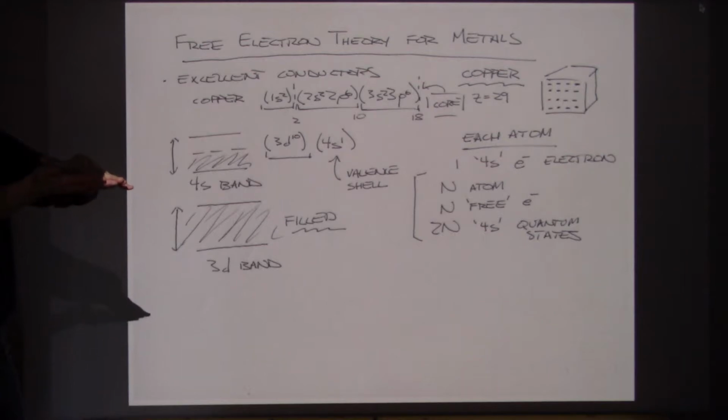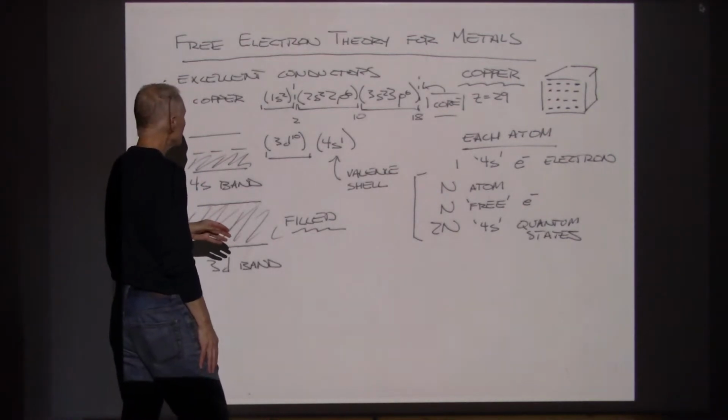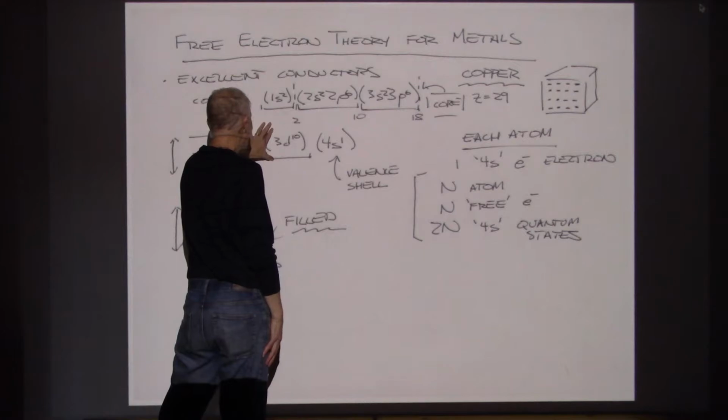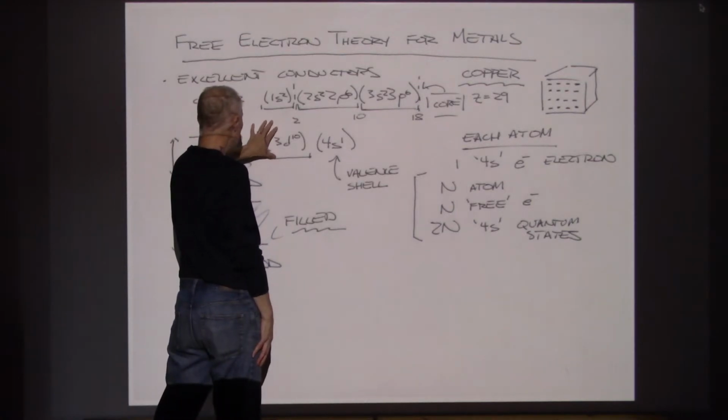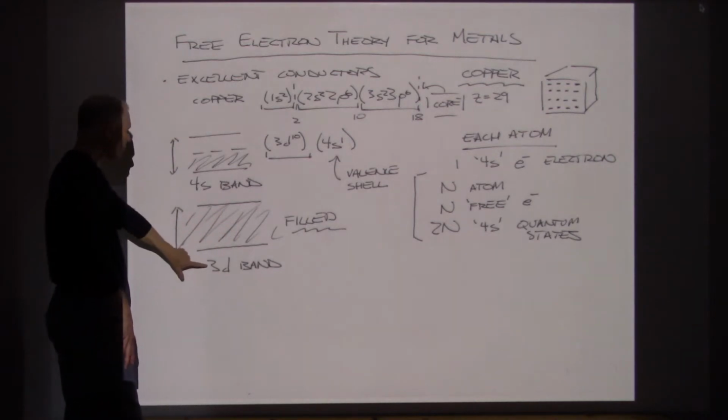So the quantum states are not going to be identical in energy. There's going to be slight differences between them. And in addition to the 4s band, what we're going to do is go through and imagine also what can happen is the 3d electrons can form a 3d band.